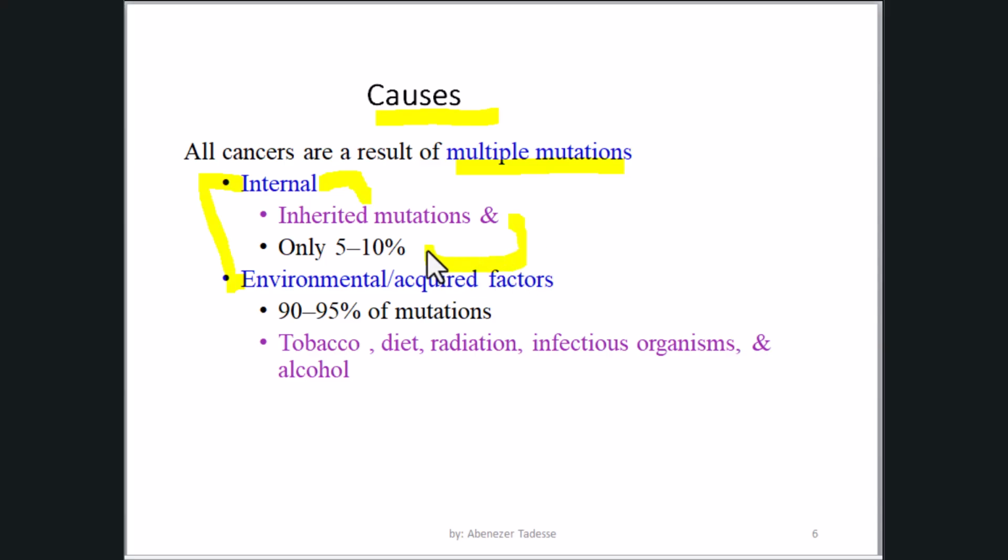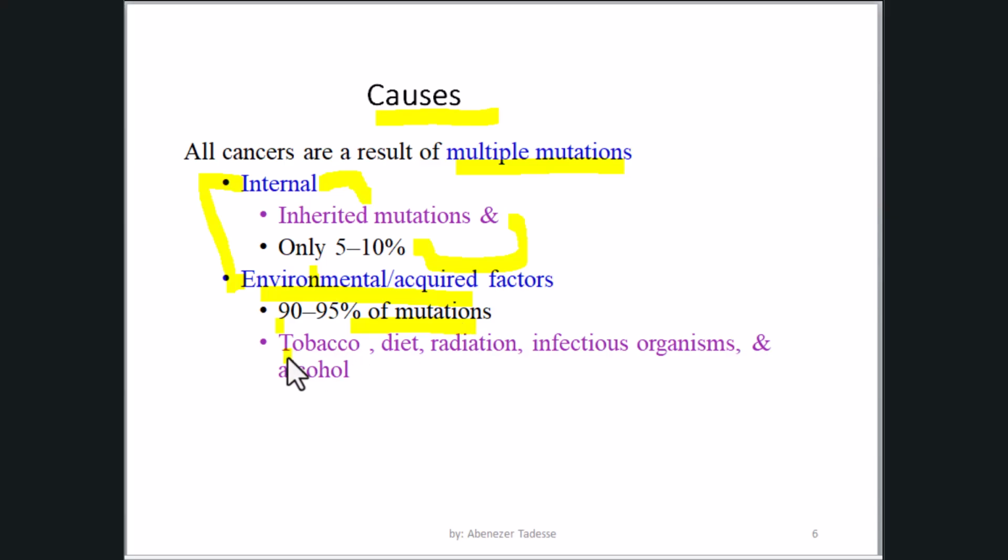This only accounts for about 5 to 10% of cancers, like ovarian cancer or breast cancer, which are mostly inherited from family history. The other one is environmental or acquired factors. This includes the majority of cancers diagnosed nowadays.